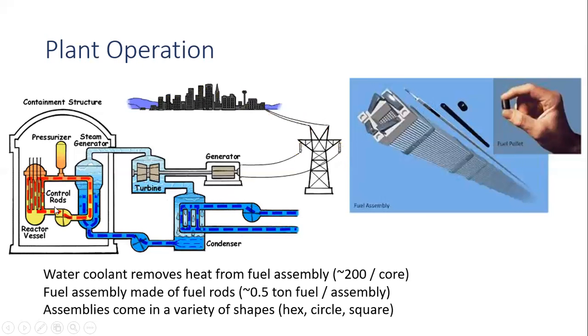By using this enormous amount of heat energy, the water is converted into steam. Then again it is given to the turbines. This is the overall working of a nuclear power plant.